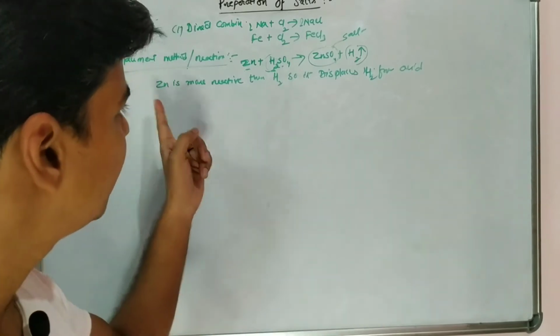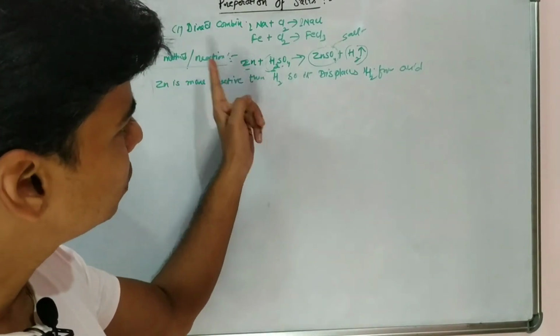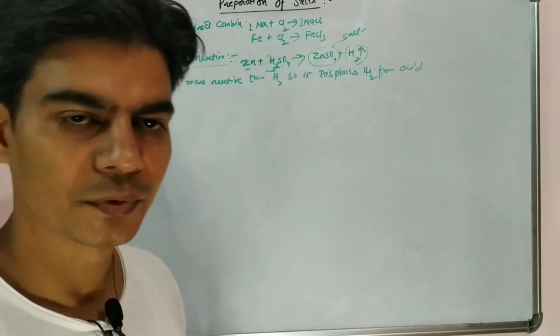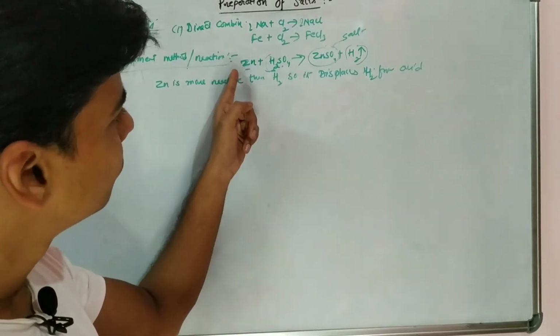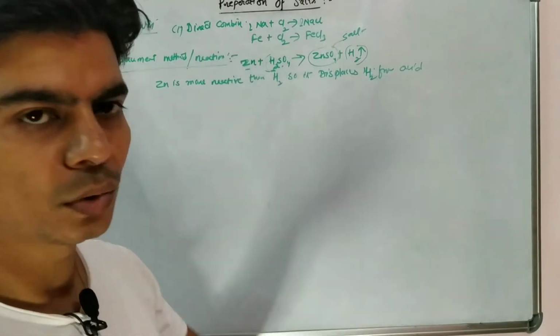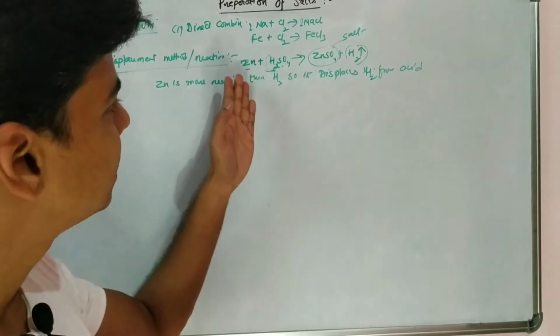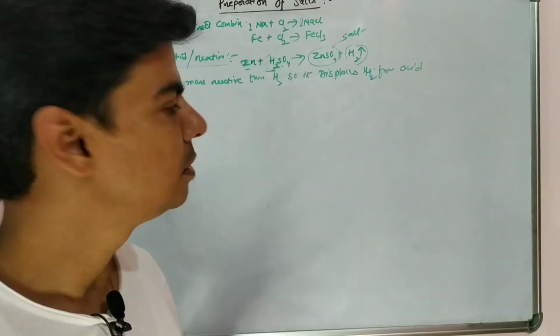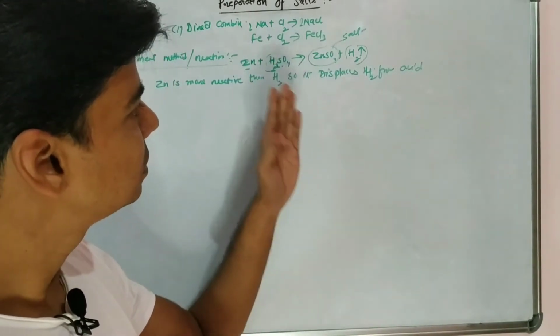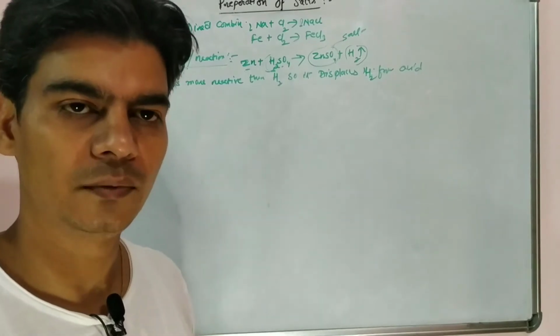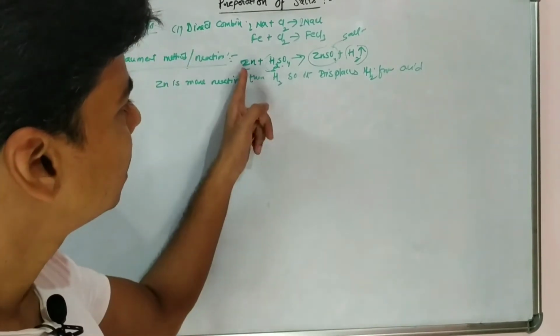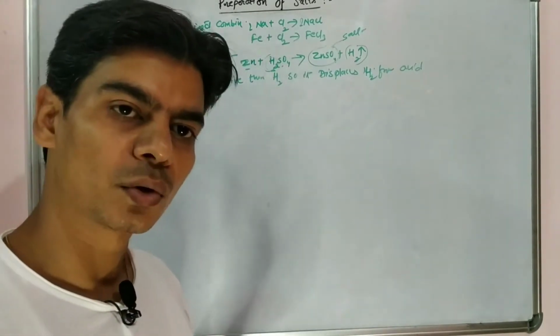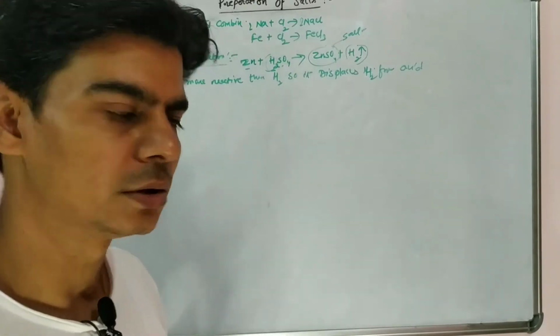So here the outermost electrons of zinc would be easily lost compared to hydrogen. When we say zinc is more reactive than hydrogen, since it displaces hydrogen from sulfuric acid, we mean that zinc will lose electrons easily compared to hydrogen.